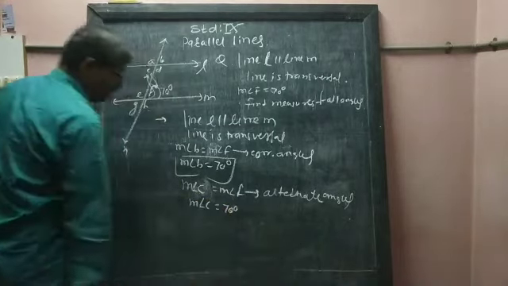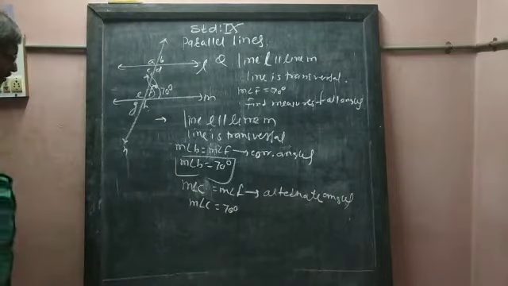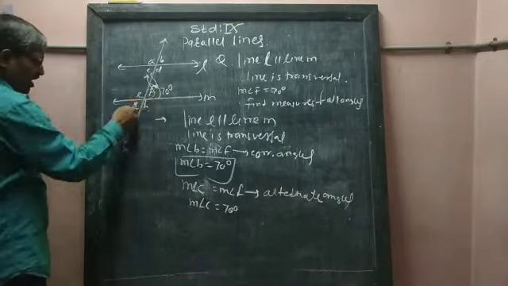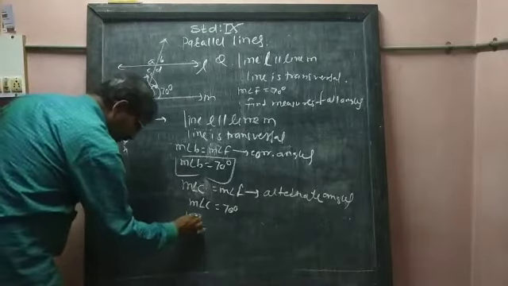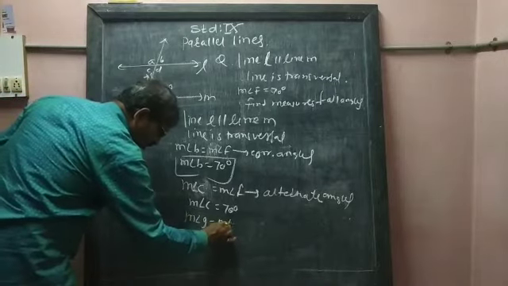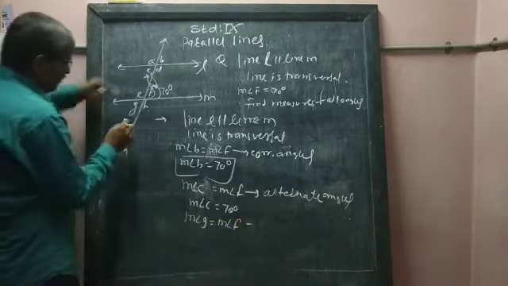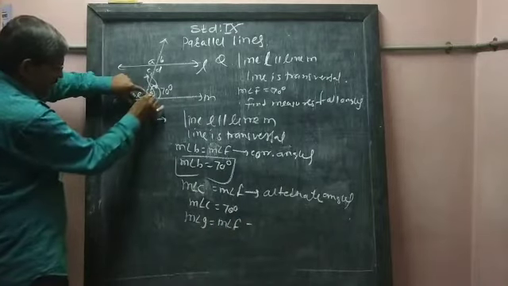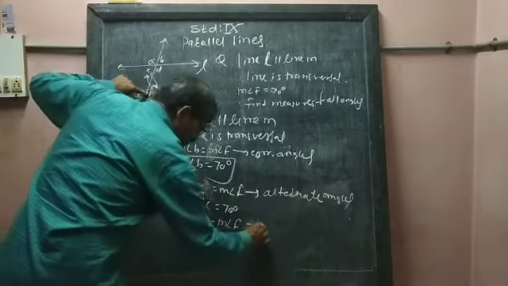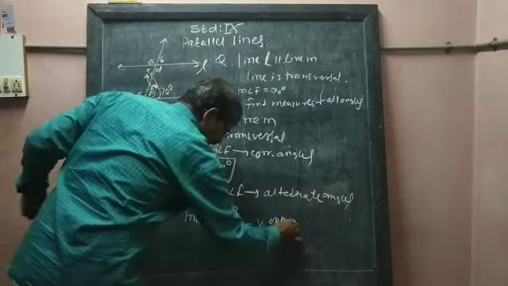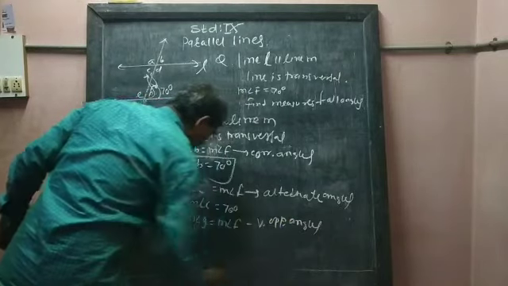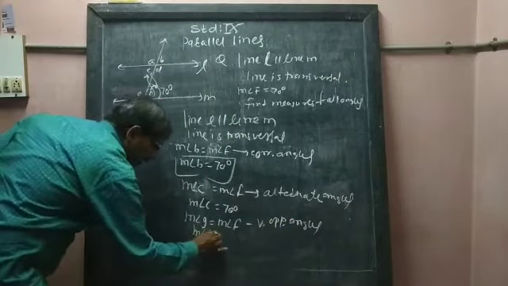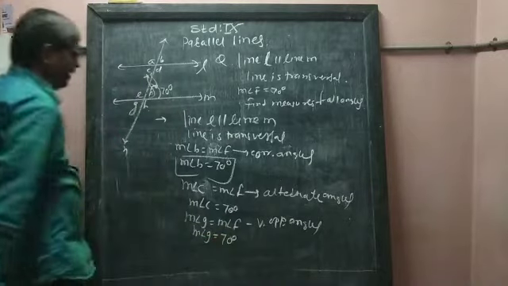Have any problem? If you don't have a problem, then angle G and F. Measure of angle G is equal to measure of angle F. F and G are vertically opposite angles. So here I will write vertically opposite angles. Therefore, measure of angle G is equal to 70 degrees.